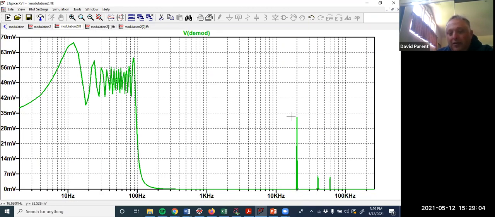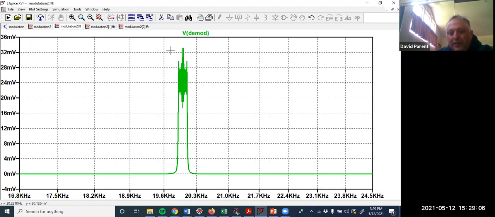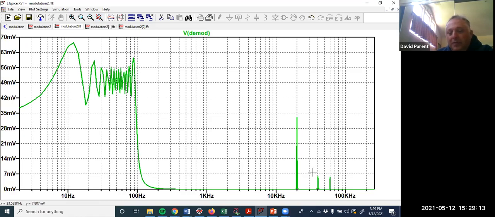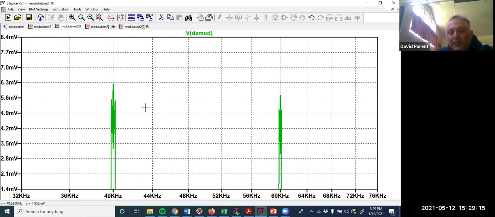But notice we have something at 20 kilohertz, and this is coming from the other channel. So we had something centered at 50 kilohertz, and when we multiplied it by something at 10 kilohertz, we got 50 plus 10 and 50 minus 10. That's where the 40 and the 60 are coming from.